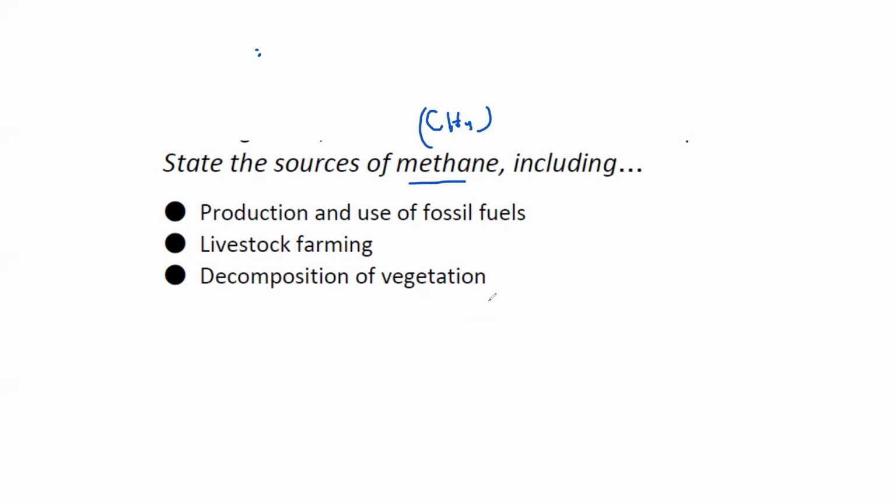Or decomposition of vegetation, like organic matter, when it decomposes, also gives out methane gas. So these are the sources of methane: production and use of fossil fuel, livestock farming like cattle farming, and decomposition of organic waste. And methane is also a greenhouse gas.